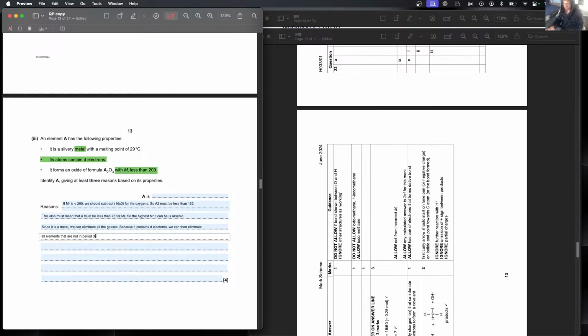Now we need to look at, okay, because oxygen will have an oxidation state adding to -6, this element must be able to lose 3 electrons, eliminating the groups that do not provide this.